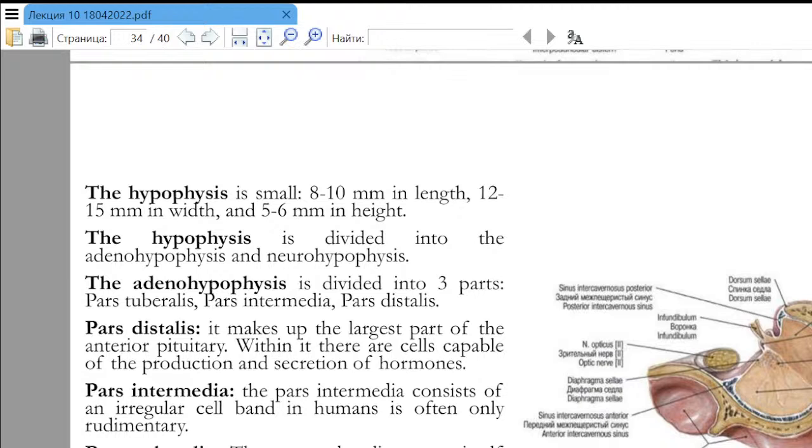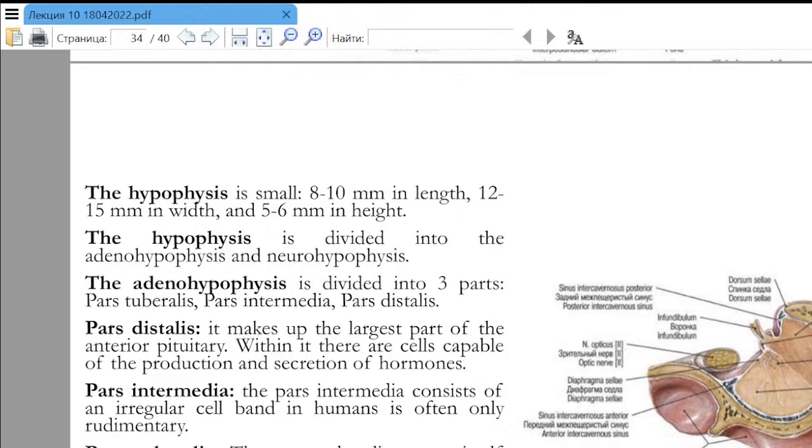Pars intermedia. The pars intermedia consists of an irregular cell mass, in humans often only rudimentary. Pars tuberalis. The pars tuberalis wraps itself around the pituitary stem, tuber cinereum, and attaches itself to the hypothalamus. The chromophobic specific cells express melatonin receptor and produce a subunit of thyrotropin.